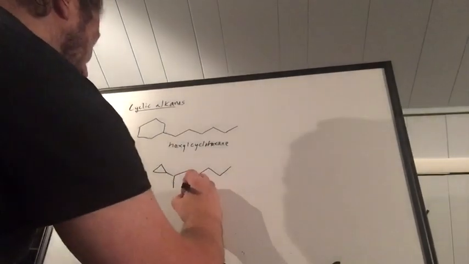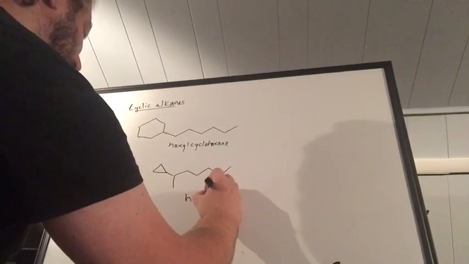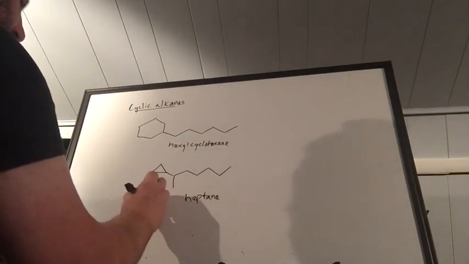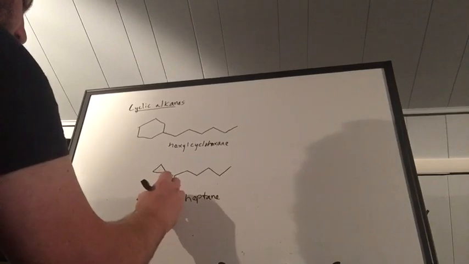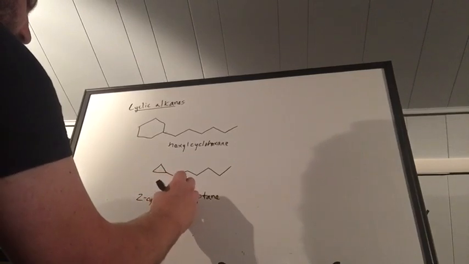So it's going to be heptane, hept being 7. So then you will have 2-cyclopropylheptane. Again, that yl designation suggests that it's going to be a branching hydrocarbon.